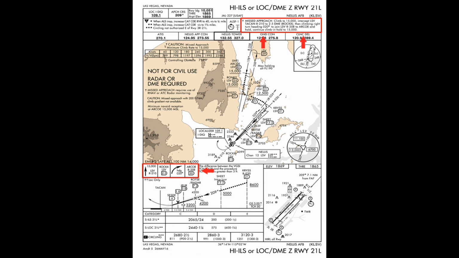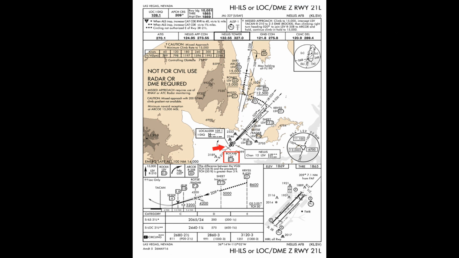So, directly above the approach chart that we have been following from Chris to Sheet and all the way down is a little indication that says 15,000 LSV R210. Now, this is just a condensed version of what is written out at the top right-hand side of the chart. And it specifically says, missed approach, climb 15,000, intercept LSV TACAN heading 210 to 2.5 DME ROCKS, so point ROCKS on the chart.